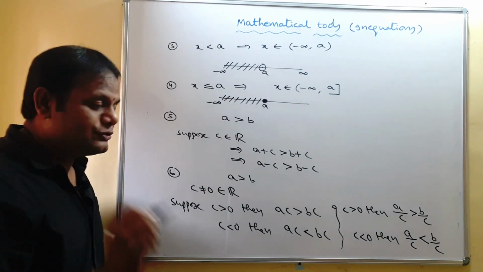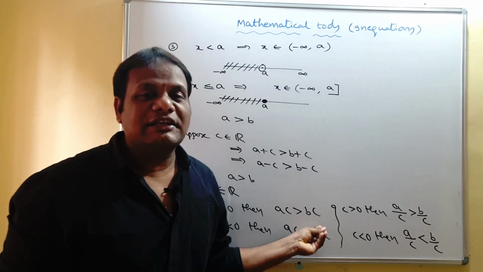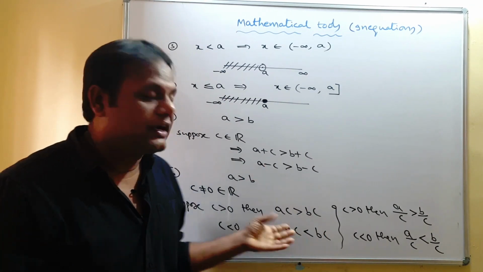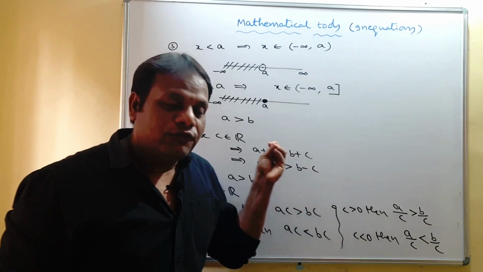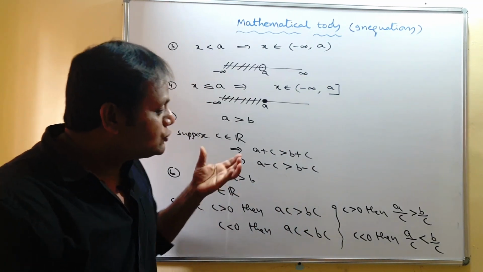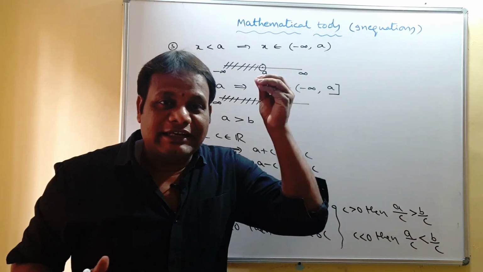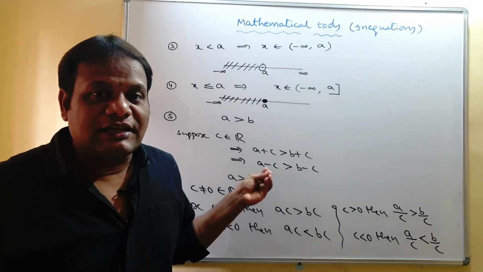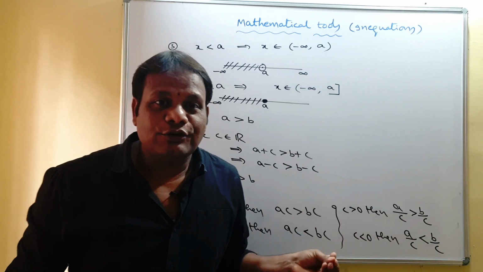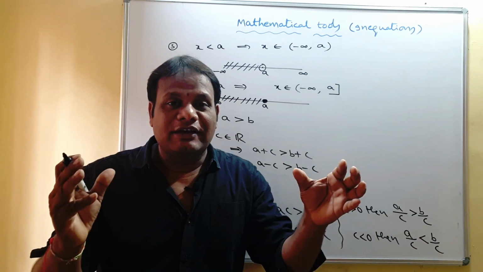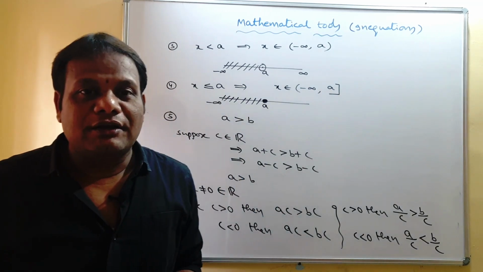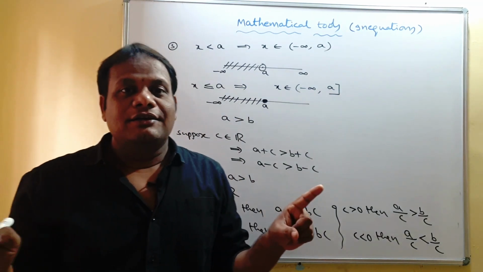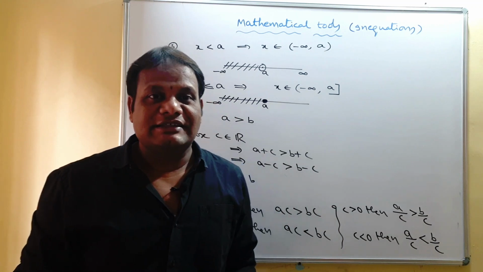Is it? So this is a very important property and golden rule. You must remember this. Without having this knowledge, so many of the students commit mistakes while solving inequations. So while solving inequation, if you multiply that with a positive real number on both sides, then no change in inequation sign.